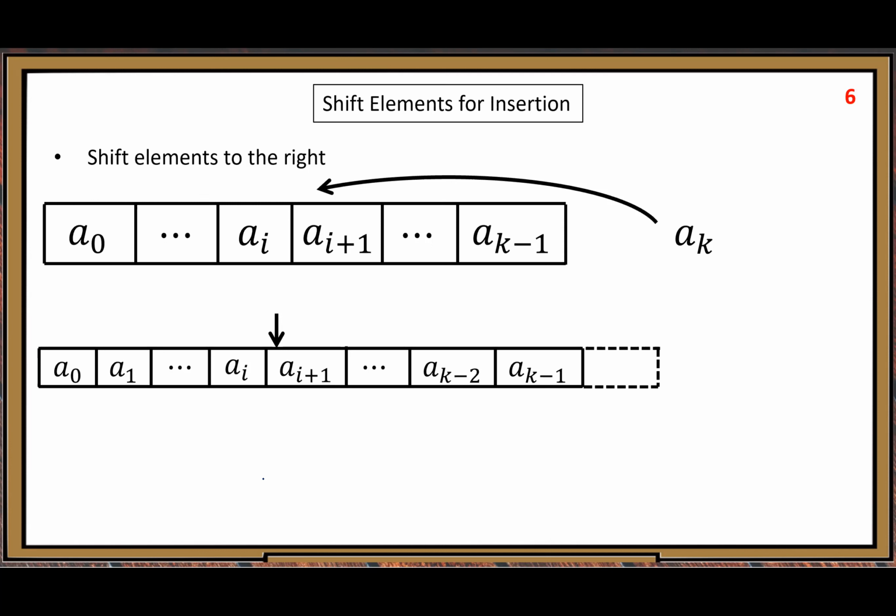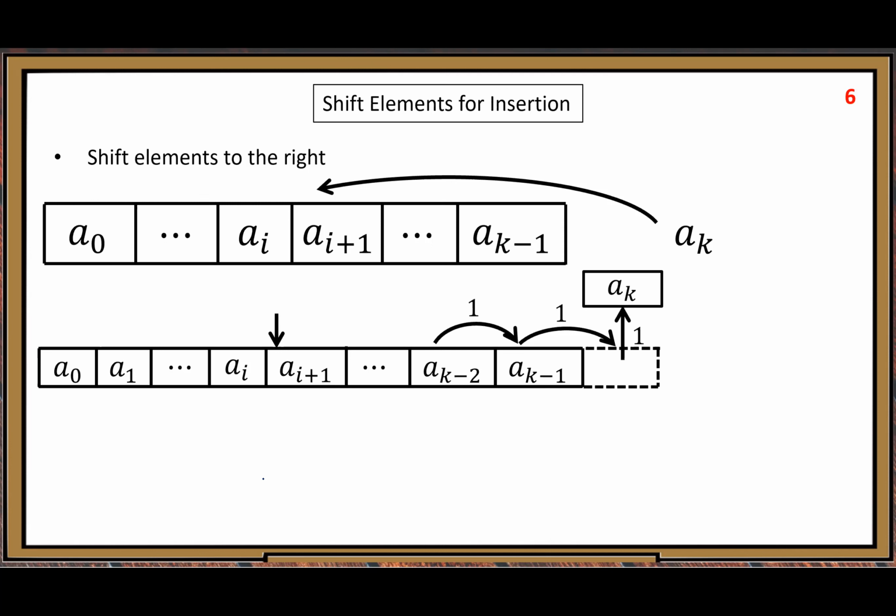But our goal is to find a target position somewhere. Let us do it one by one. First, we lift a sub k to a temporary location. Then we compare a sub k with the last one in the current sorted array. If the current element is smaller than this one, we shift it one position to the right.